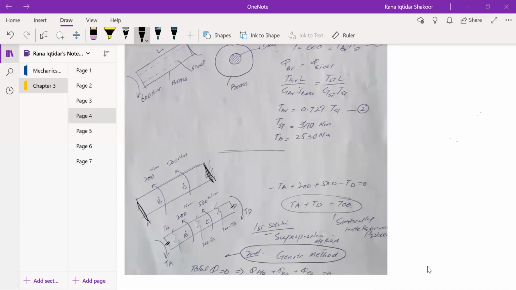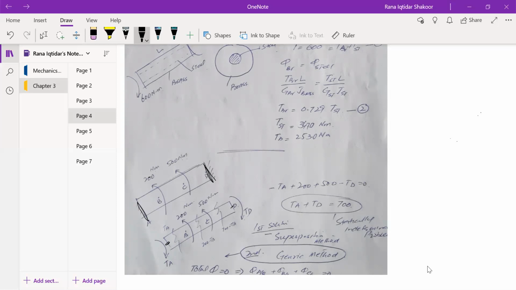So the net angle of twist between A and D will be 0. So we will add all the angles of twist, like phi of A with respect to B, B with respect to C, and C with respect to D, and equate the sum to 0.